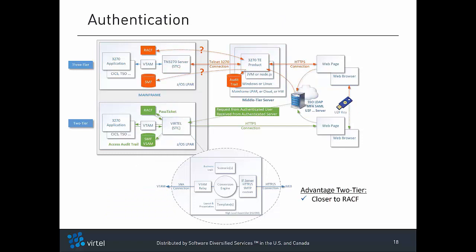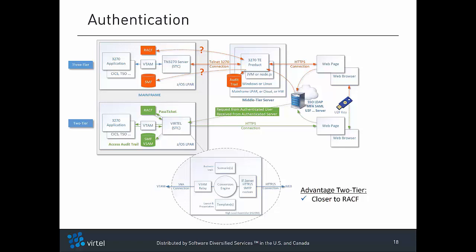When it comes to securing the access to a host application, both 2 and 3-tier 3270 terminal emulators can integrate with third-party access control systems such as SSO, LDAP, multi-factor authentication, SAML, and U2F.